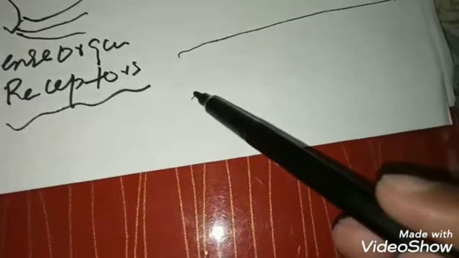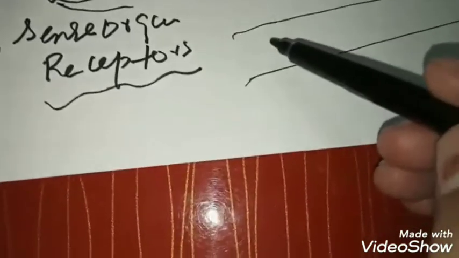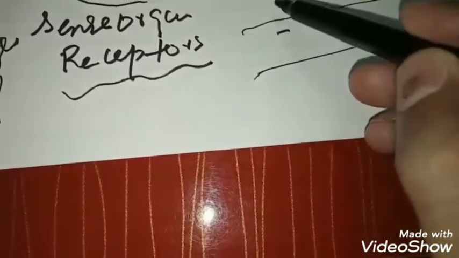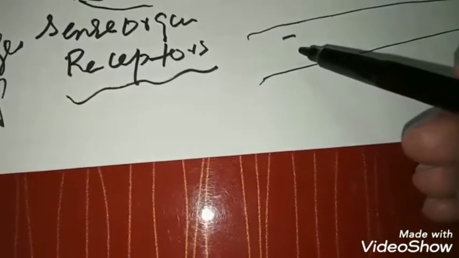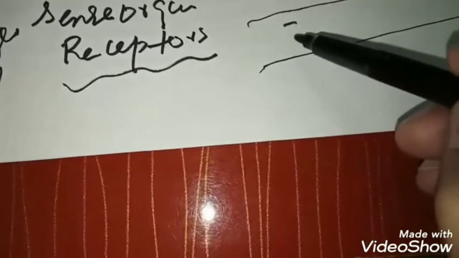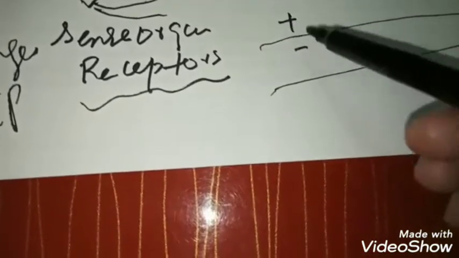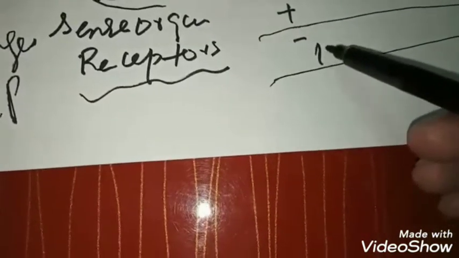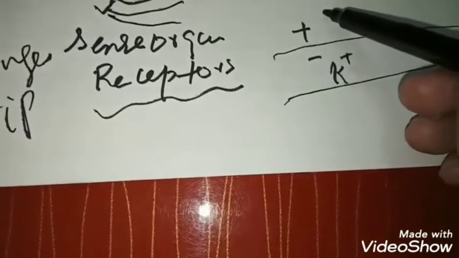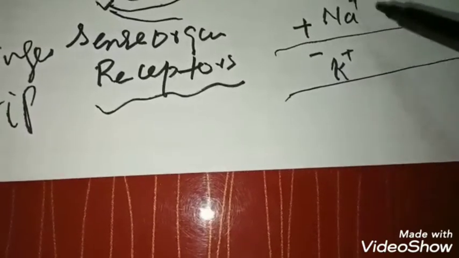Suppose this is the neuron. The inside of the neuron, the cytoplasm, and the inside of the axon is relatively negative as compared to the outside, which is positive. Inside, potassium ions are more concentrated, and outside sodium ions are more concentrated.